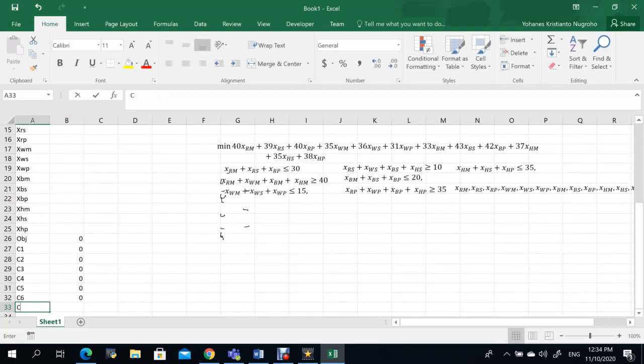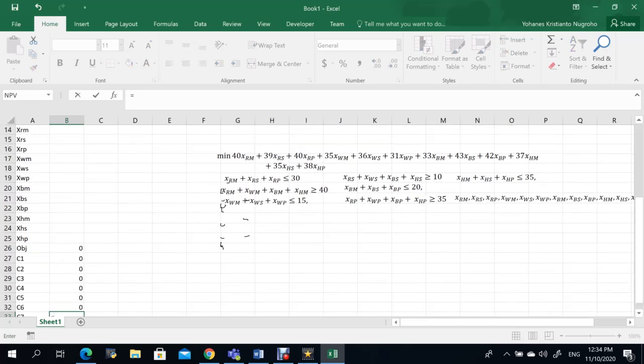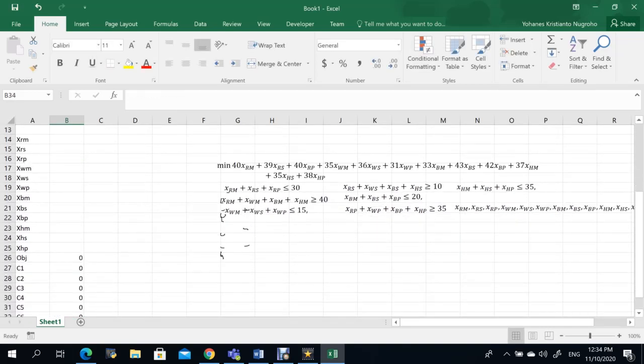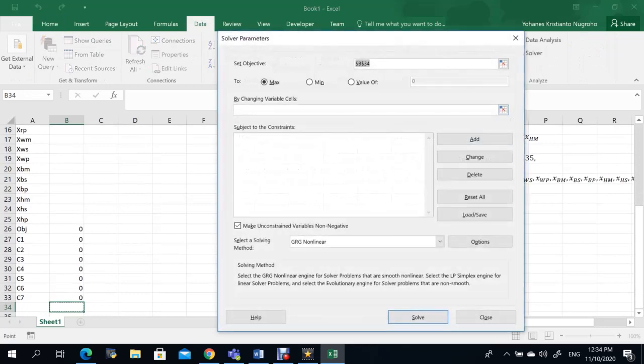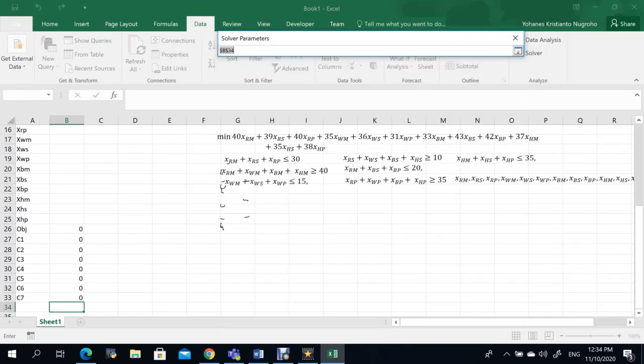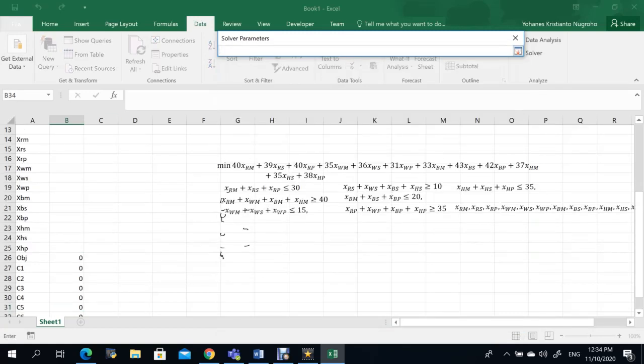Now we have the last constraint, constraint number 7. RP plus WP plus BP plus HP, right? Okay, now we have constructed our objective function and constraint formulation, and we start calculating by using solver, and the goal is to minimize the cost of delivery. So we have changed to minimize by changing all of these variables.